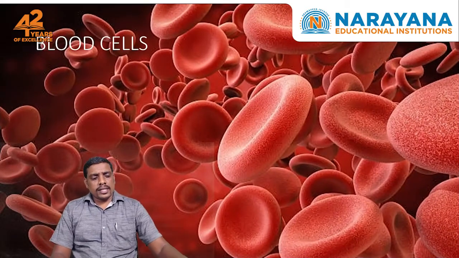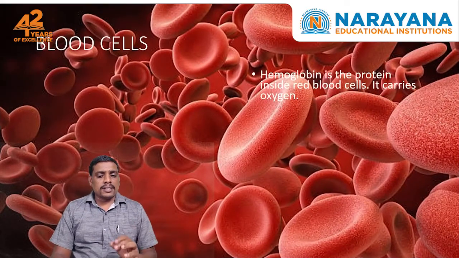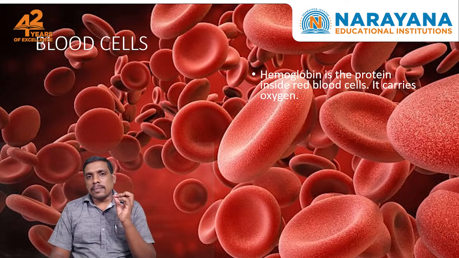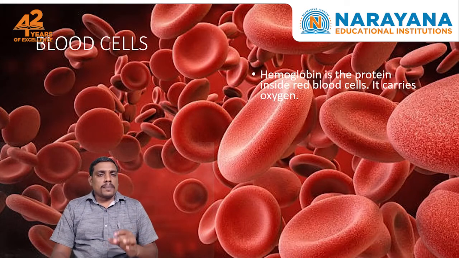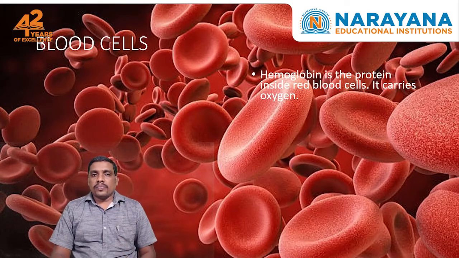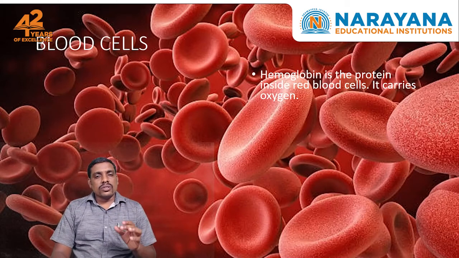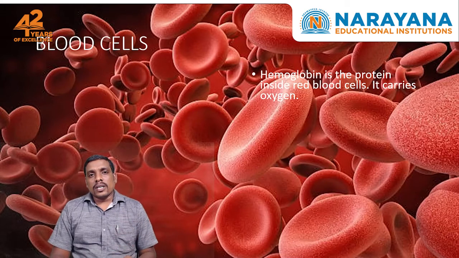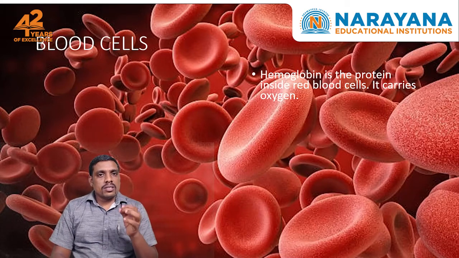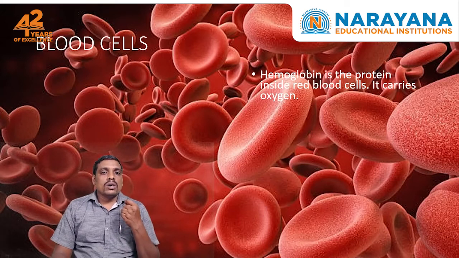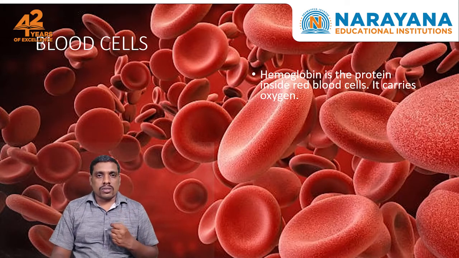Now, if you see the blood cells which are present in our body, the first type is red blood cells. Red blood cells contain hemoglobin. Hemoglobin is an amphoteric solution, which is able to carry carbon dioxide and is also able to carry oxygen.